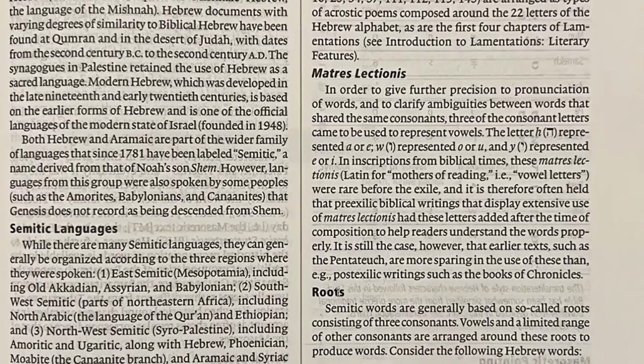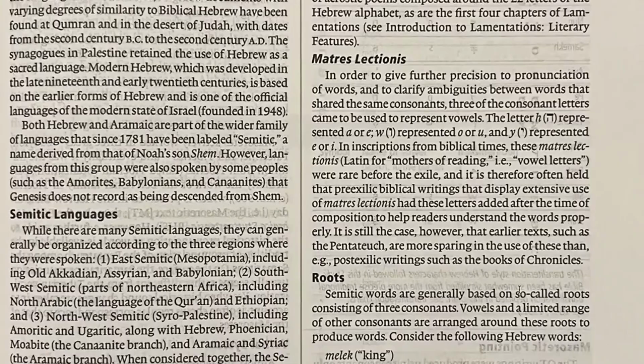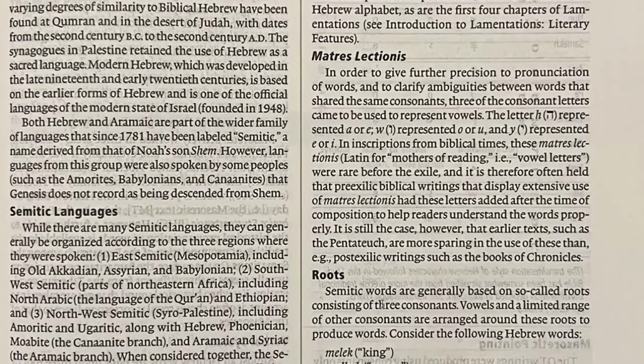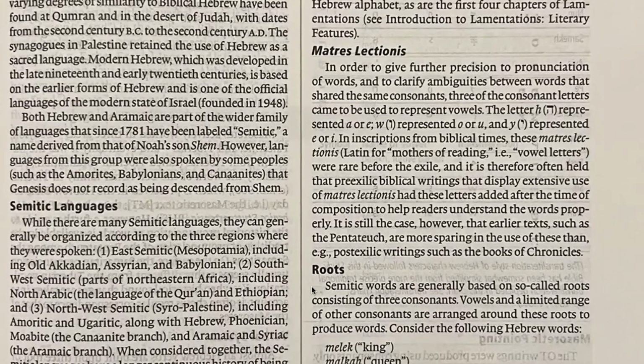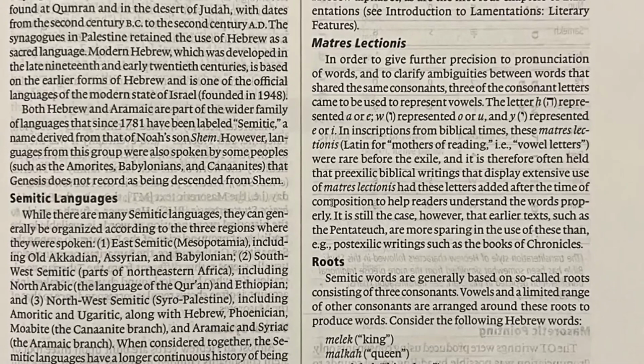Roots. Semitic words are generally based on so-called roots consisting of 3 consonants. Just before I continue, this is very interesting stuff, and this probably helps with the dating of the text. This is probably how there might be some controversy on the dates, right?